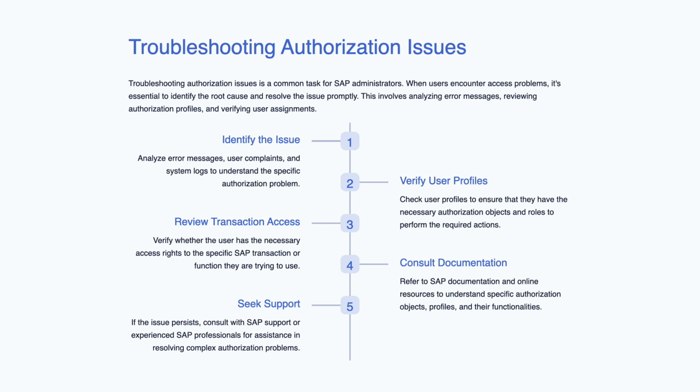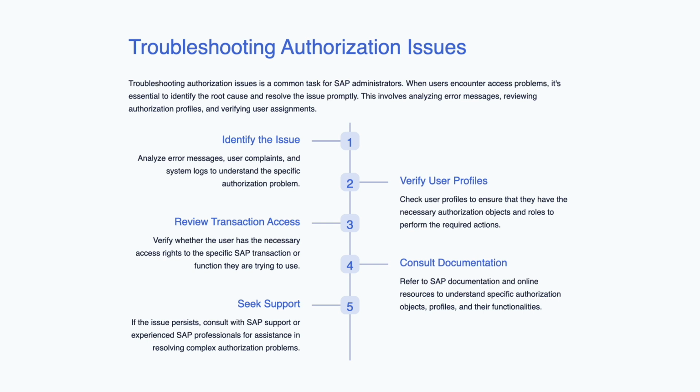These are the few steps which one can follow. Identify the issue. The first step in troubleshooting is to analyze error messages, user complaints, and system logs to understand the specific authorization problem.